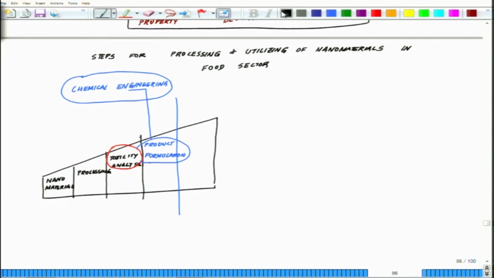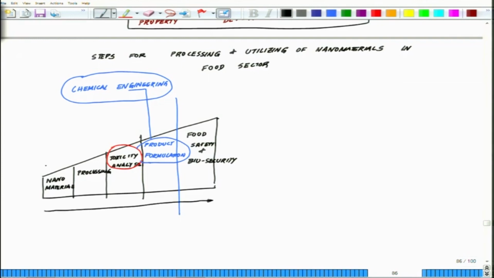Okay. So next in the line is your food safety and biosecurity. So these are the initial steps, and this chart will continue as we move through.